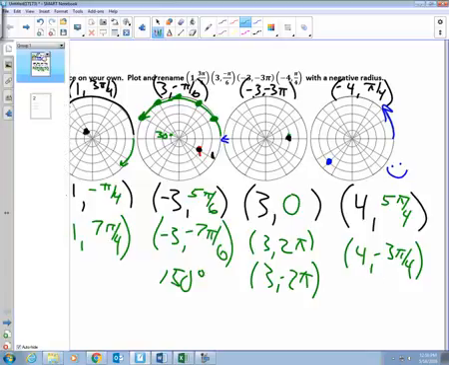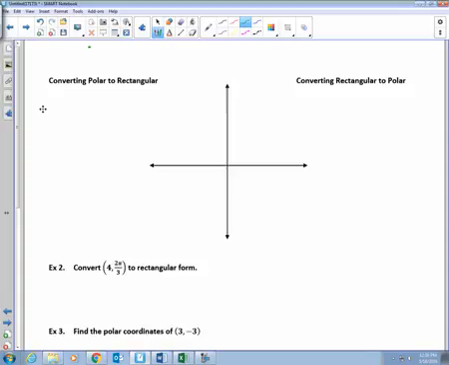Okay, I'll flip it over. Okay, what we need to do now is we need to convert. We have x, y. That coordinate has a distance r from the center and an angle of theta. Does this look familiar?